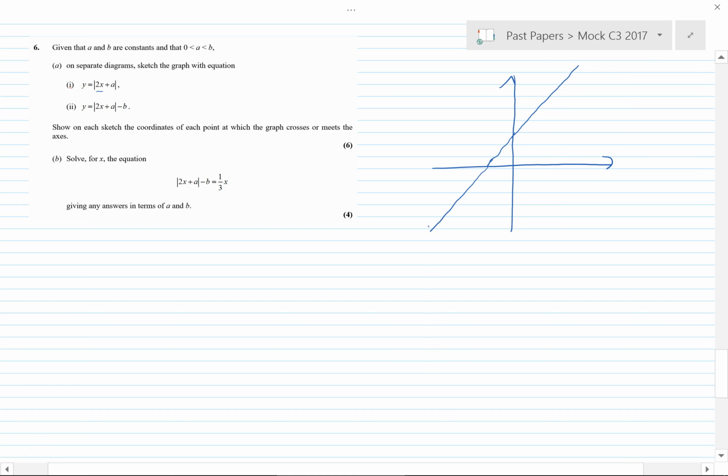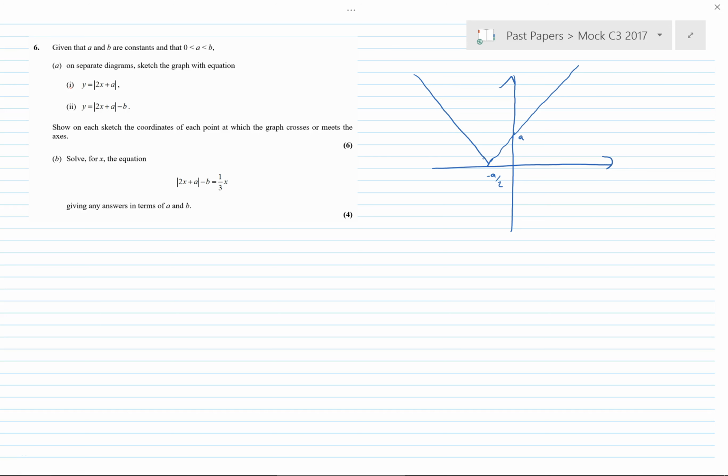And it would go through a here, because it's got gradient of 2, but it would go through minus a over 2 here, because it equates to when y equals 0, so that occurs when x is equal to minus a over 2. But this bit here obviously gets modulated, so any negative answers get changed to positive. So that actually comes there, like that. So that's the first one, a couple of marks for that.